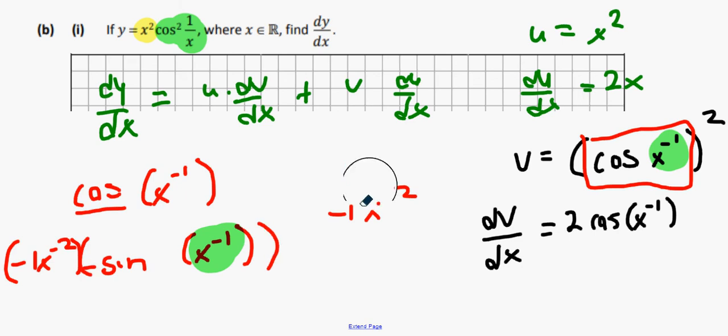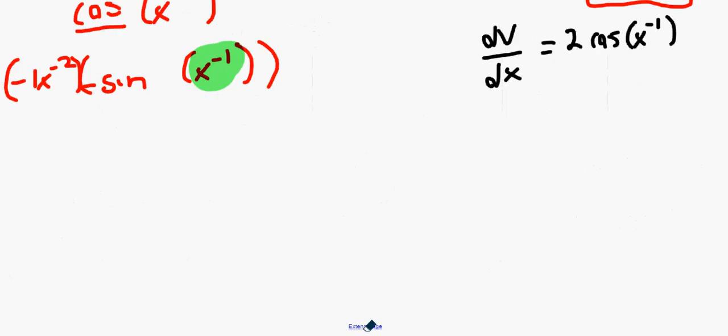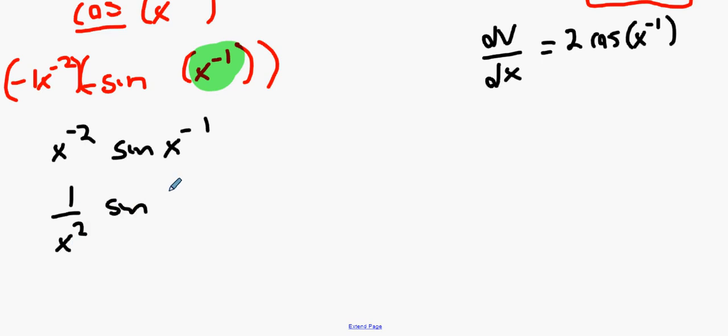Alright? And when they multiply by each other, this is not the nicest differentiation you're ever going to do. The two minuses cancel, so it's going to be just x to the minus 2, and then sine of x to the minus 1. And if you want to change that back into 1 over x squared sine 1 over x, be my guest. And that attaches to the end of this.